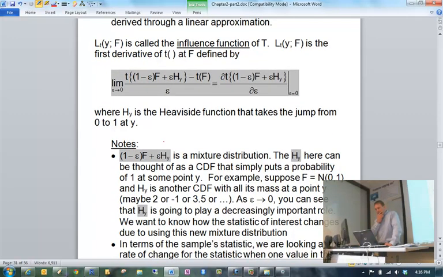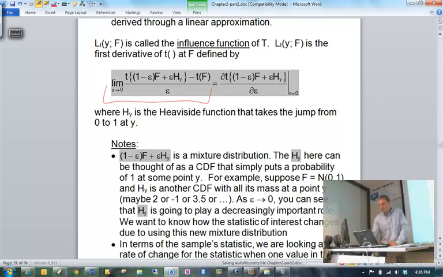Okay. Well, first of all, let's talk about this influence function. This is what it looks like. The stuff on the left-hand side here is the first way that the book writes it. It just deals with the basic definition of what a derivative is. But we're also going to let the limit of this epsilon go to 0.